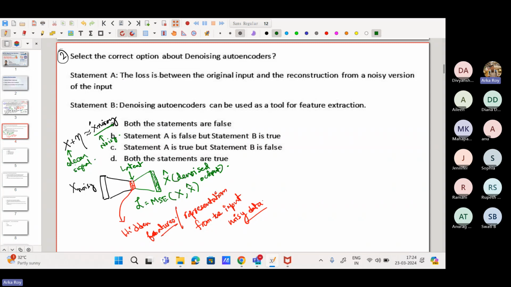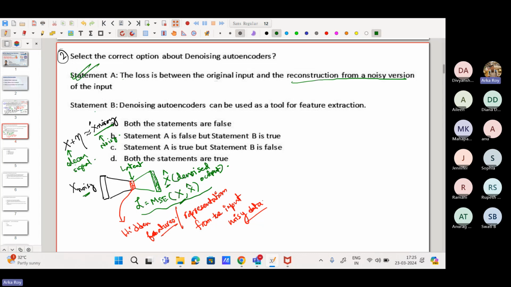So statement A is the loss is between the original input and the reconstruction from a noisy version. So this is the original input, and this X hat is the reconstruction from a noisy version. We fed this noisy input, and at the output we get a reconstruction X hat, which comes from the noisy input. So the loss function is the MSE between X and X hat. So statement A is true.